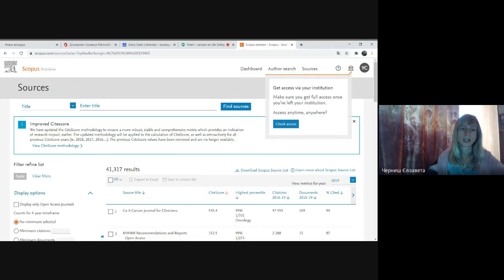And if you want to use such a database at home or in some other place, not in the university, you can fill in a Google form and provide external access for this database. So it can be possible.